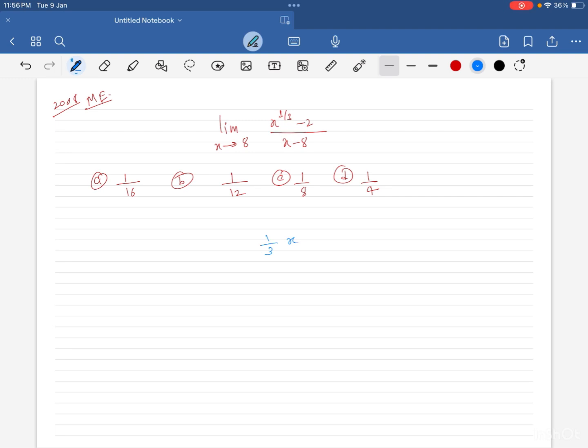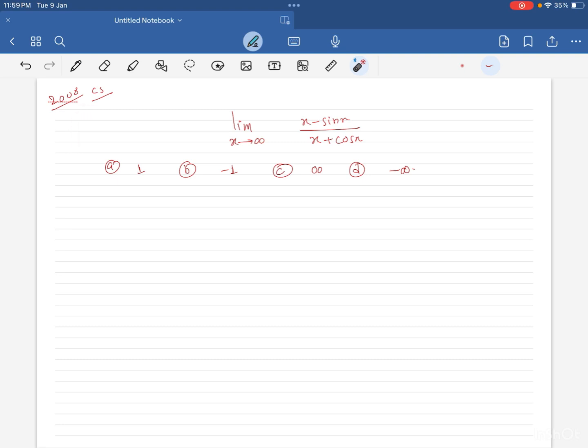So that is 1 minus, so minus 2 by 3 divided by x is 1, limit x tends to 8, right? So that will be 1 divided by 3 into 2 to the power 3 into minus 2 divided by 3. So overall we will have 1 divided by 12. So the correct answer is B.